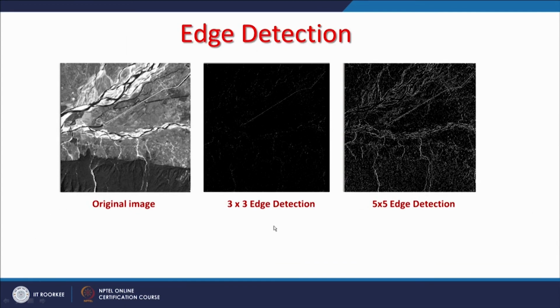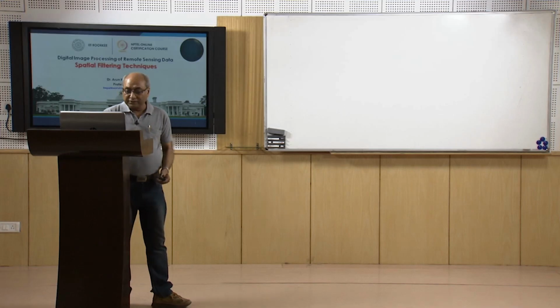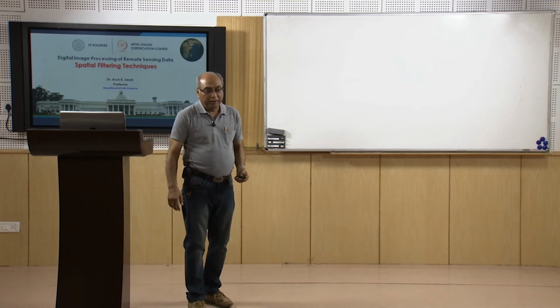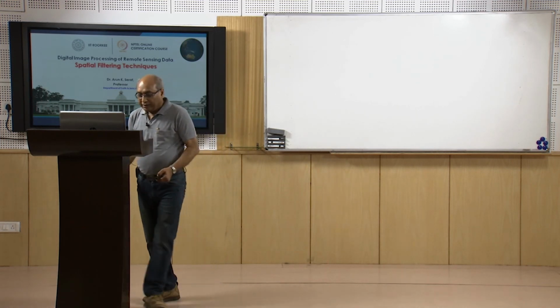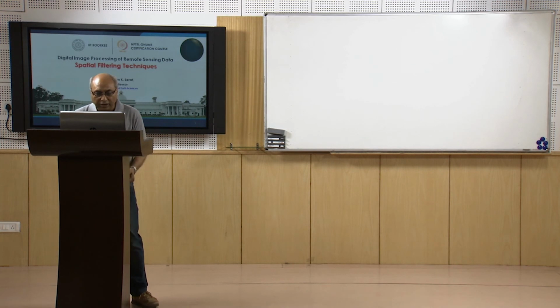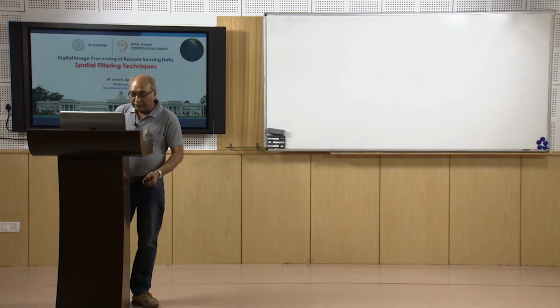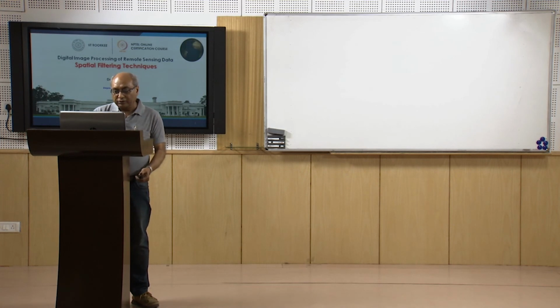Now these are examples of almost the same area: the original image, and 3 by 3 edge detection. So only the features which have sharp edges have been highlighted, the rest completely gone in the background. So if somebody is looking for such outputs, to delineate certain things, maybe linear features or features which have sharp boundaries with surroundings, such filters can be adopted.